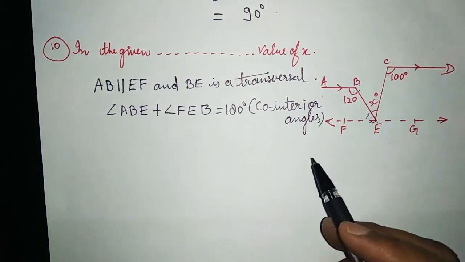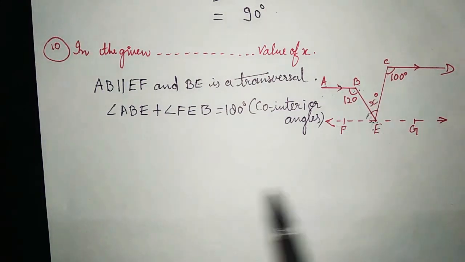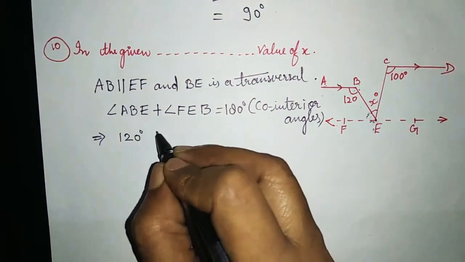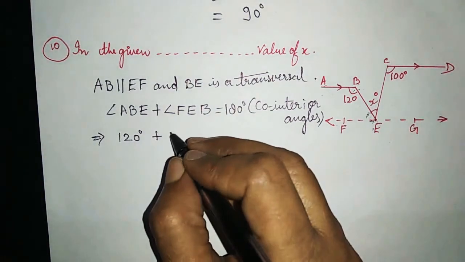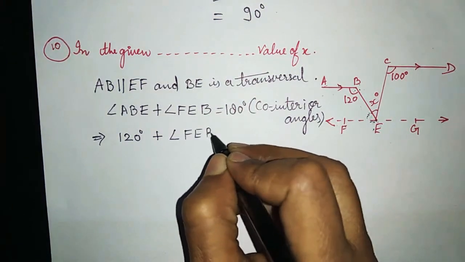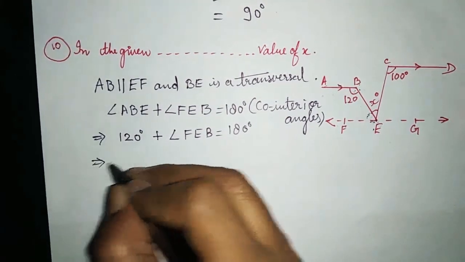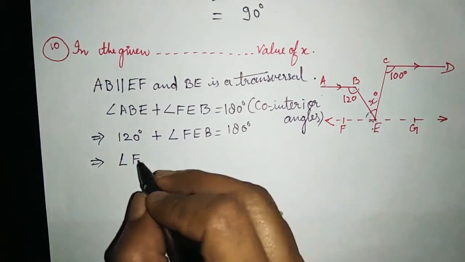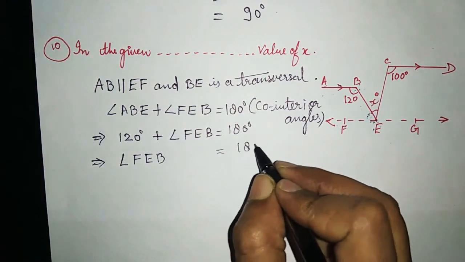Okay, now angle ABE is 120 degrees plus FEB, which we will find, equals 180 degrees.